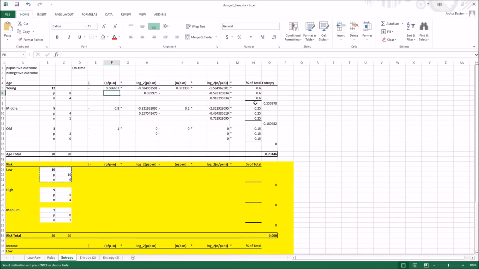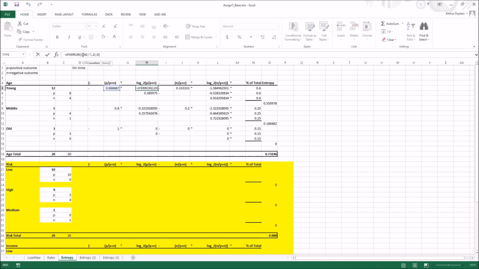And then we multiply it by the percent of the whole data set to come up with our entropy calculation. So you can see here that I've got these values in here. We're dividing the positive outcomes by the total outcomes.